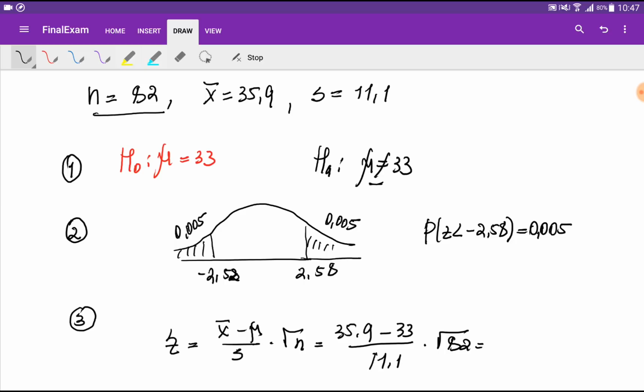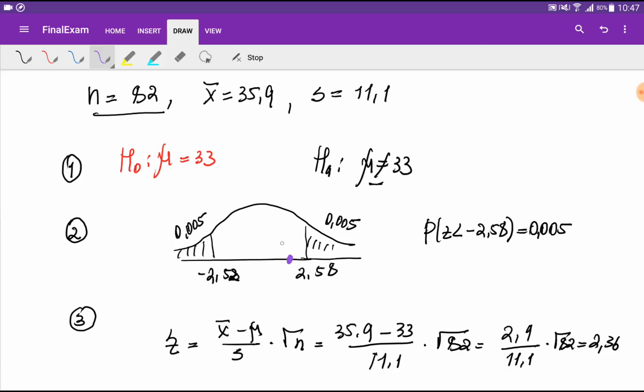This is going to be 2.9 divided by 11.1 over the square root of 82. So this is going to be equal to 2.36.